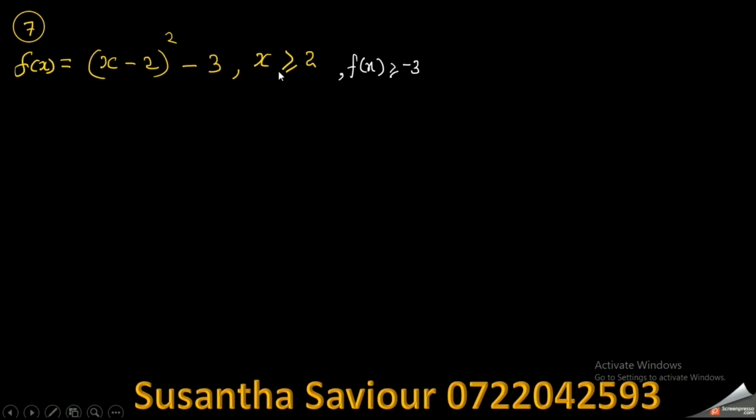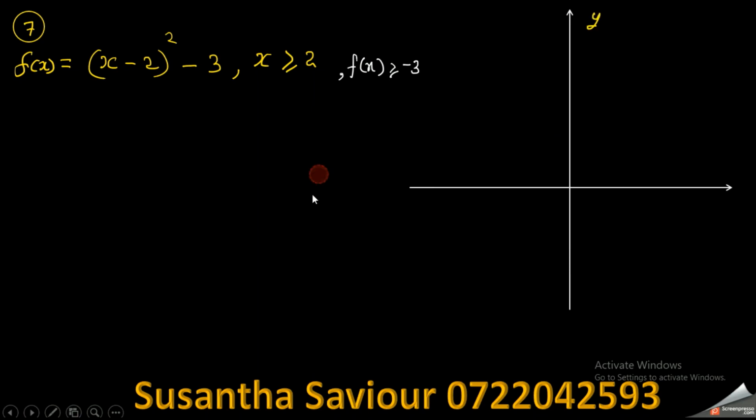So x is greater than 2 we have taken here. Then our minimum value of the function is minus 3. Therefore range of the function is f(x) is always greater than or equal to minus 3, right? Now look at this graph of this.